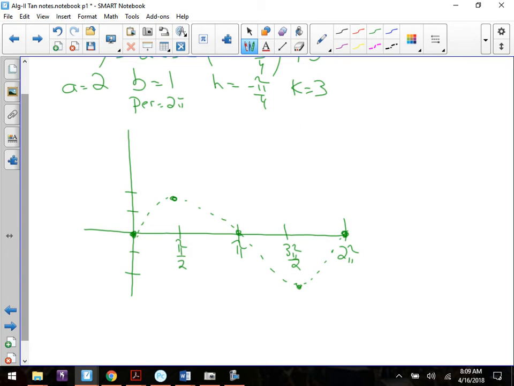What I'm doing here is I have all of my ordered pairs. If I start them out at 0, 0, pi/2, 2, pi, 0, 3 pi/2, -2, and 2 pi, 0, to each of those I just have to subtract a pi/4.